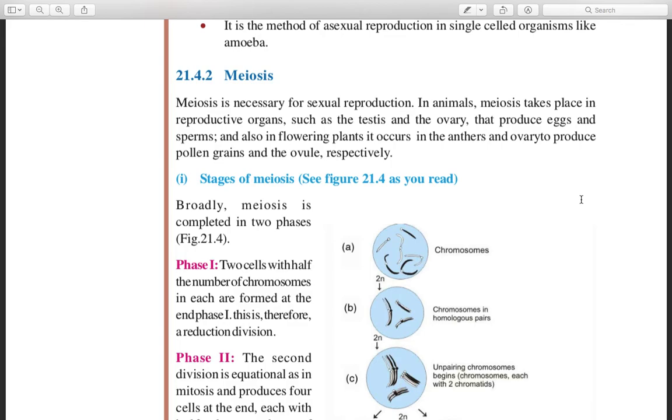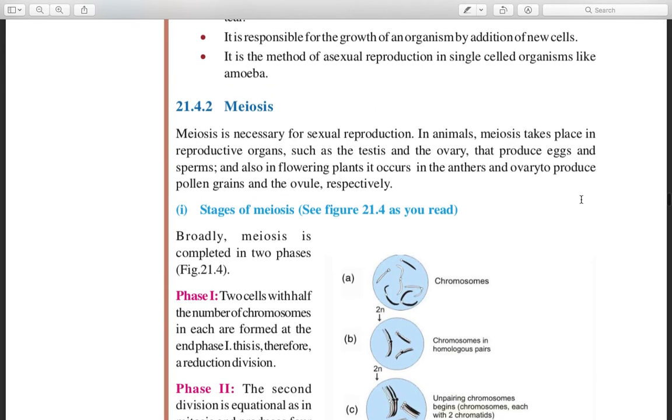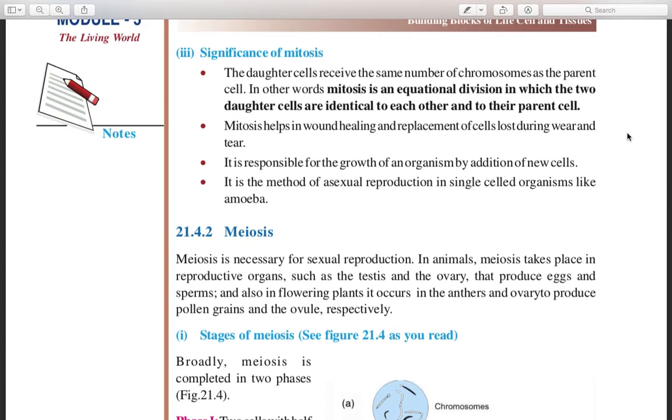Only two of them have submitted the notes. Please send me the notes. I told you what all to write. Please send me the notes as soon as possible, and inshallah we will go to meiosis in the next class.